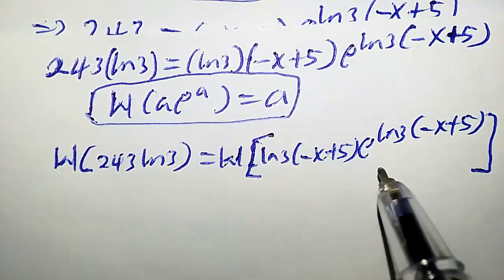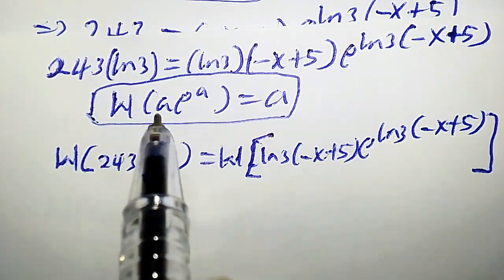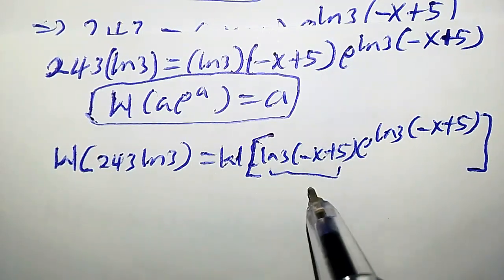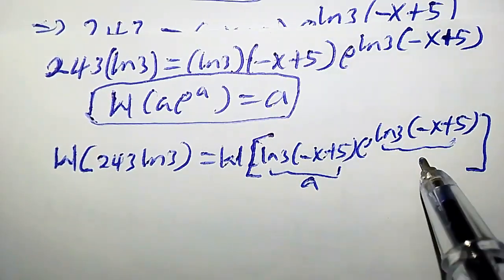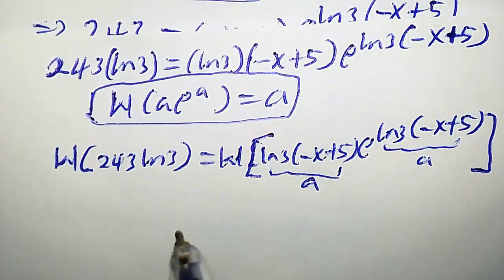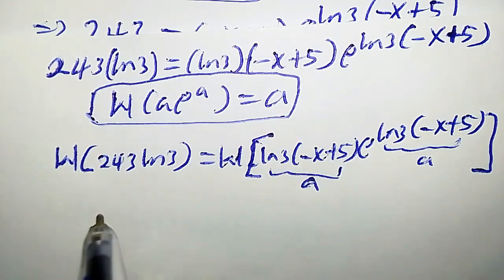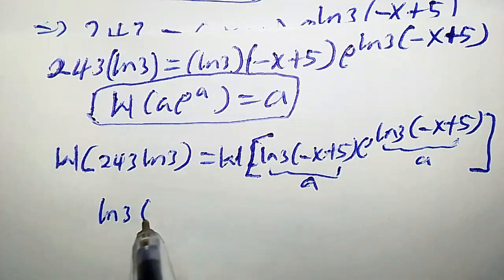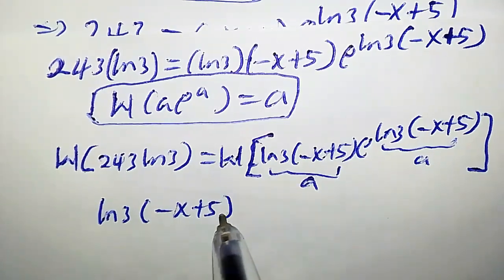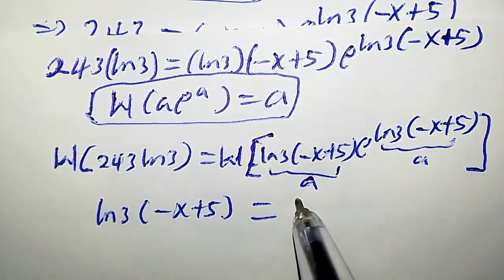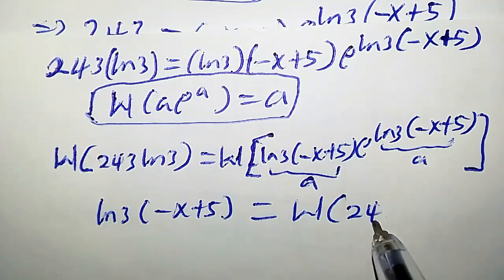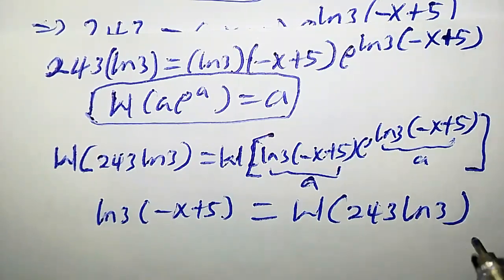By comparing this right hand side with this left hand side, you observe that this whole thing is a, this is a, so this will now become a, and our a is what? A is ln 3 times negative x plus 5 equals W of 243 times ln 3.